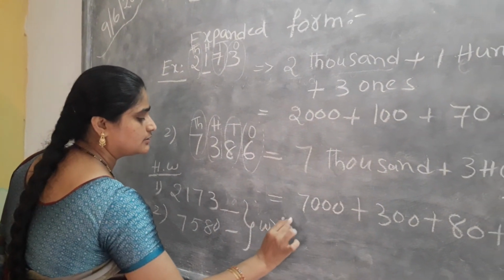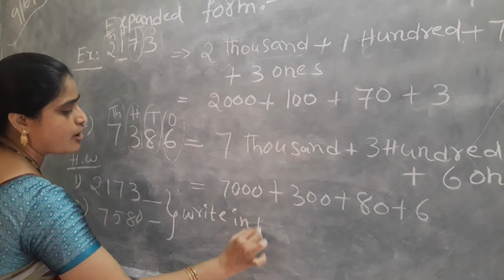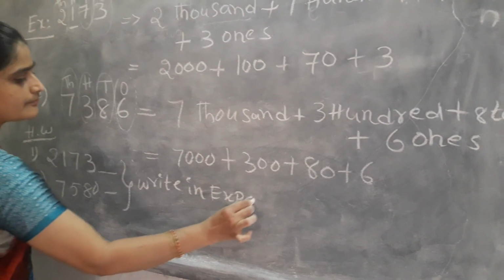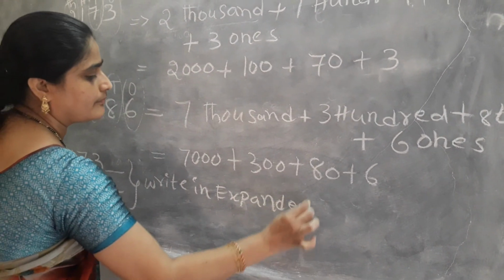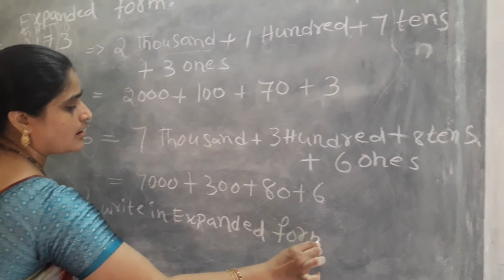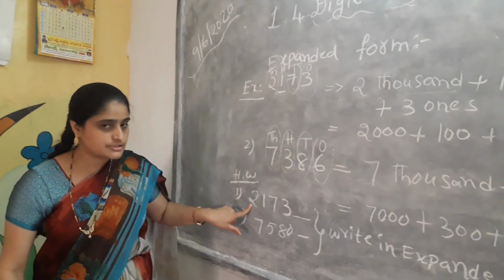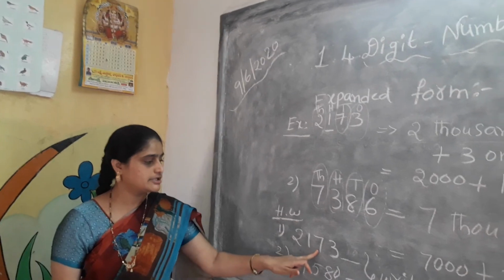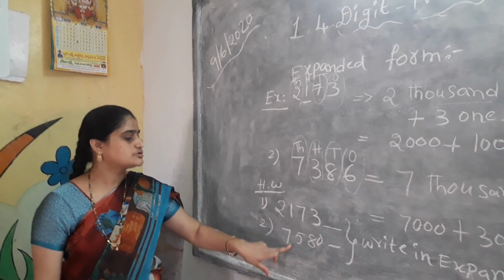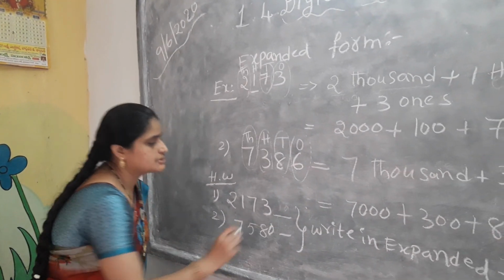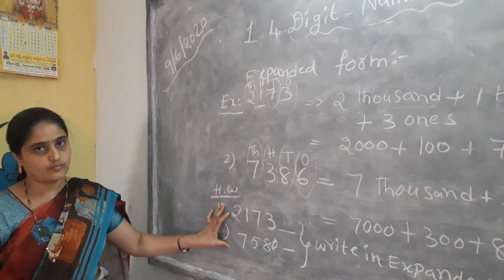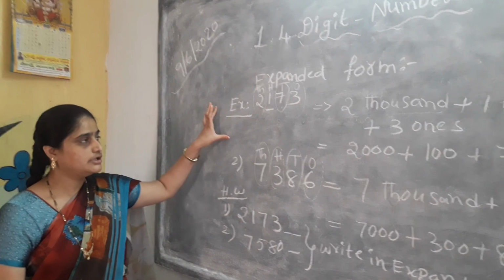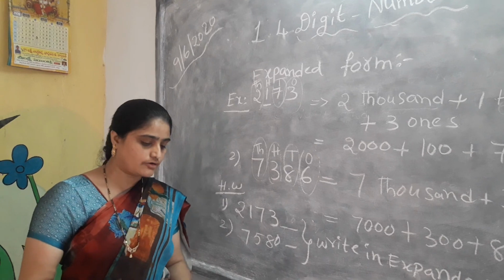Write in expanded form. All of you write in your notebooks now and do the homework. 2173 and 7580. Do these two as homework. Next one, I will say the short form of the number.